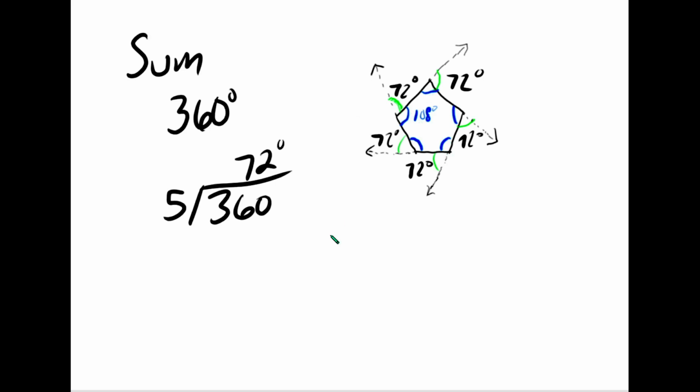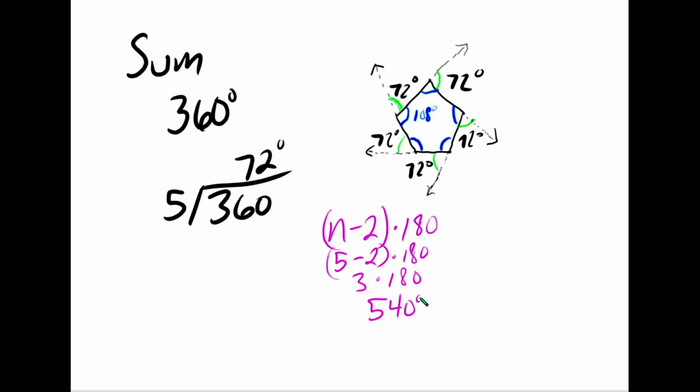To find the sum of the interior angles, I would take n minus 2 times 180, and that would give me the sum of all 5 of the angles. Well, it's a 5-sided figure, so if I plug in 5 as n, 5 minus 2 times 180 would give me 3 times 180. That would mean that the sum of all 5 of these angles is going to be 540 degrees.